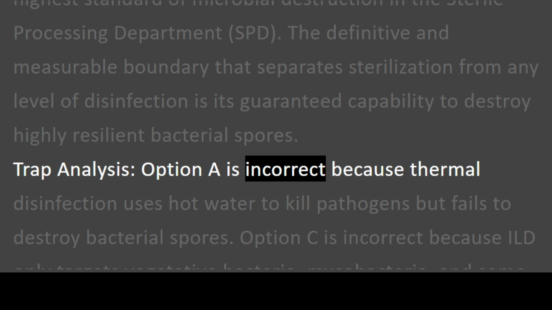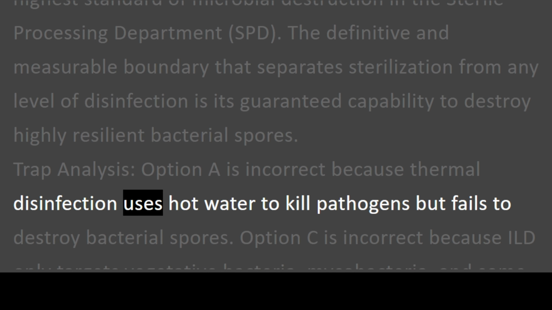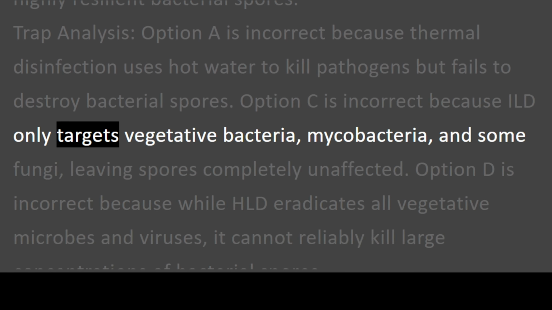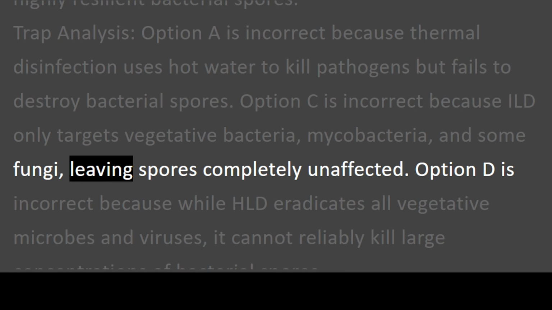Option A is incorrect because thermal disinfection uses hot water to kill pathogens but fails to destroy bacterial spores. Option C is incorrect because ILD only targets vegetative bacteria, mycobacteria, and some fungi, leaving spores completely unaffected.